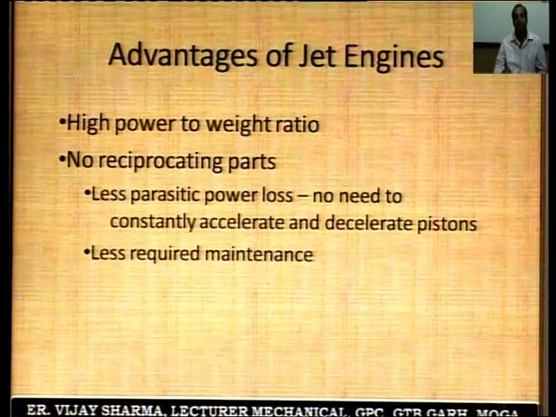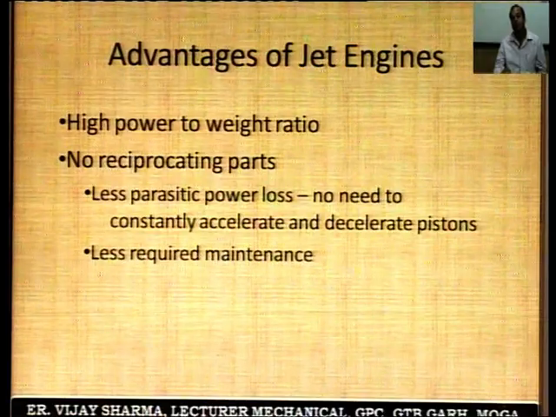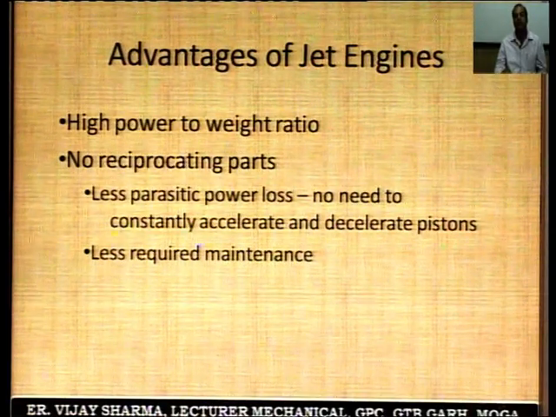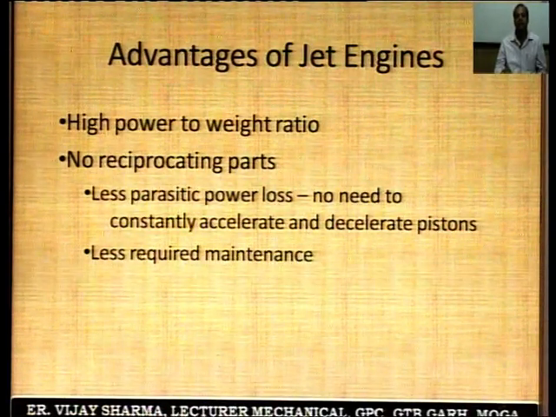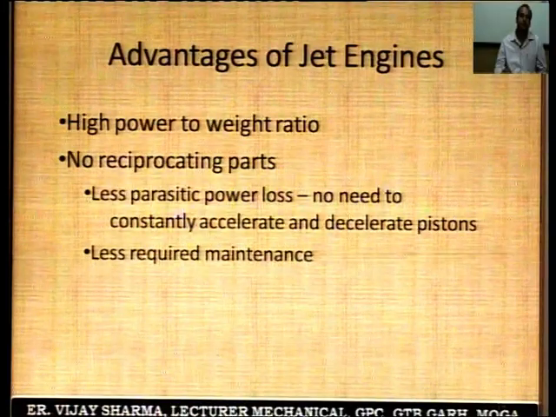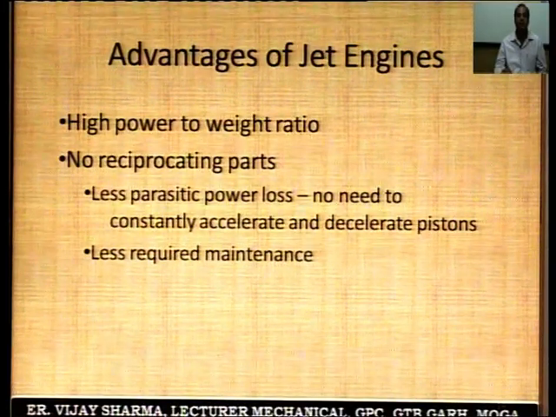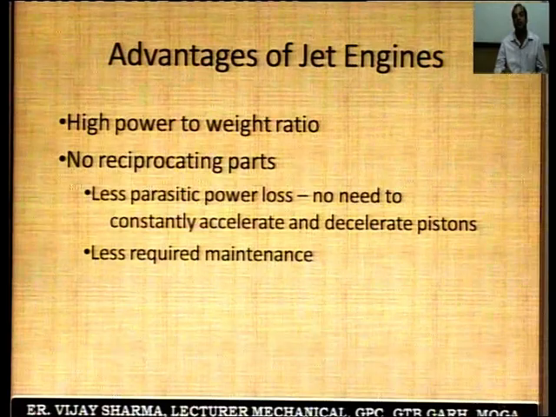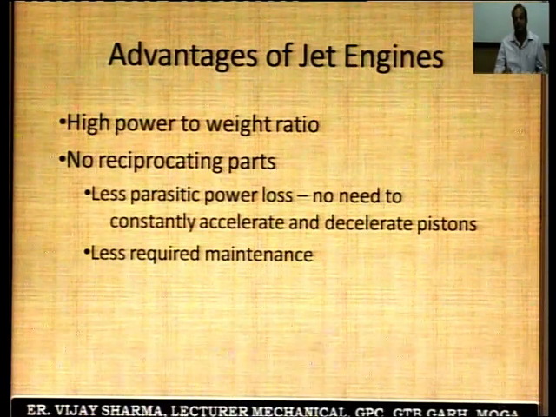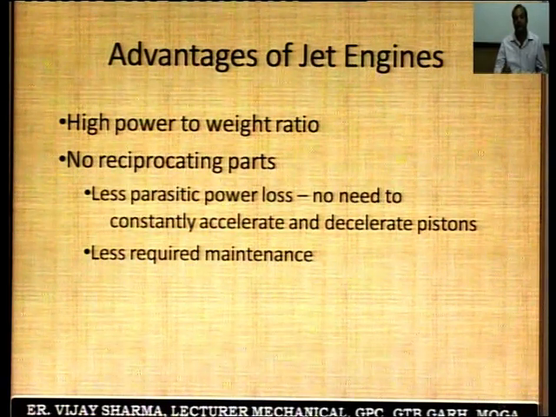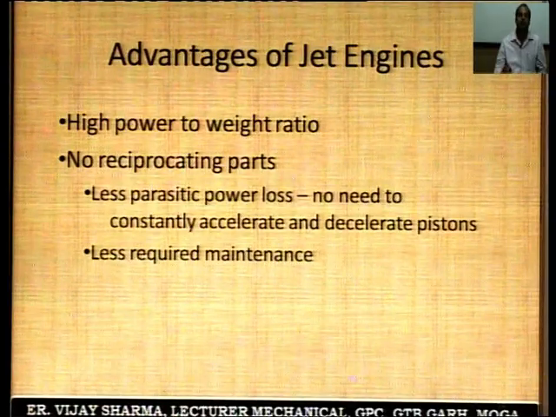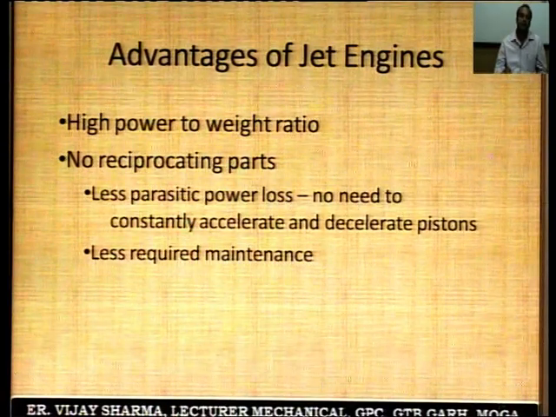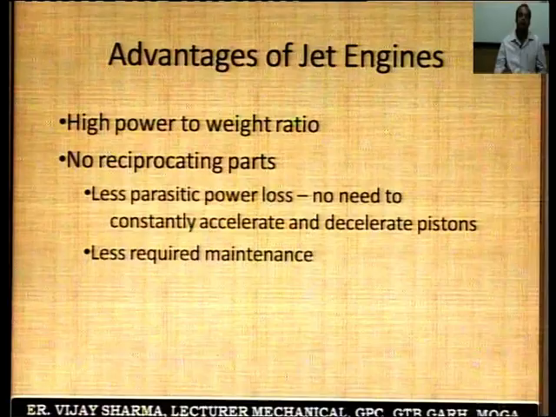It means less parasitic power loss, and no need to constantly accelerate or decelerate pistons. And the third one is less required maintenance, because it has mainly rotary parts, so there is less wear and tear, and we require less maintenance.